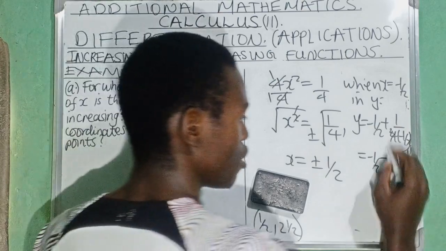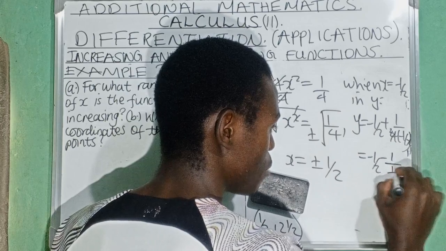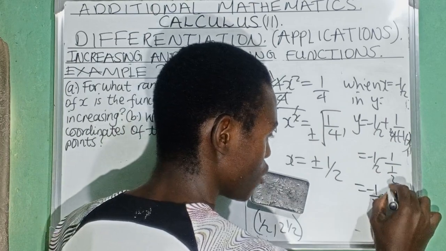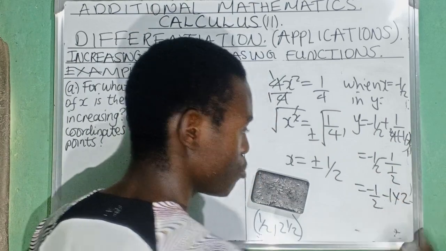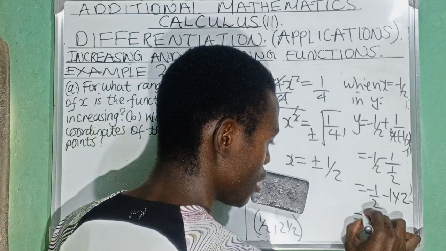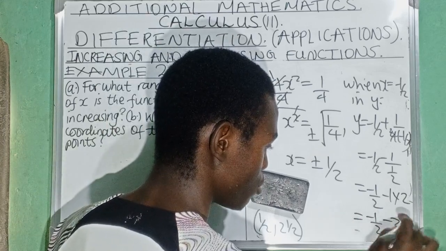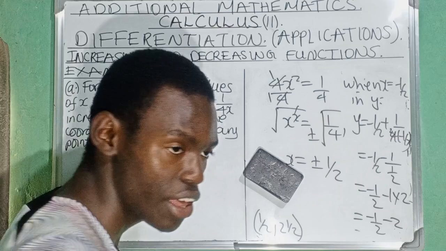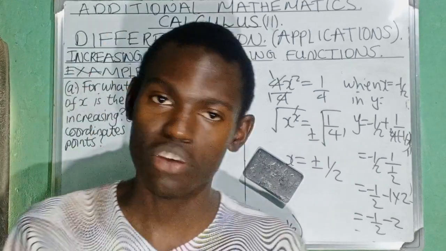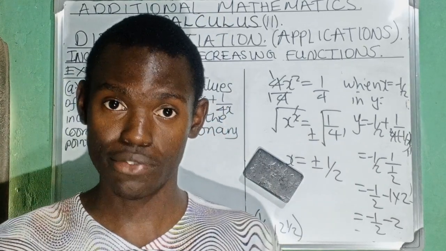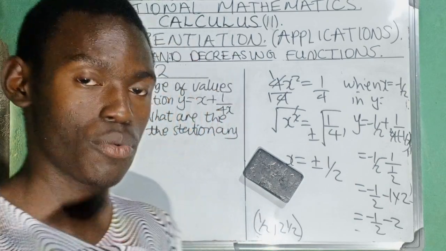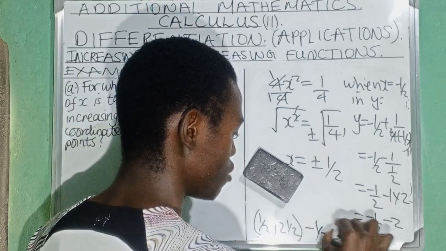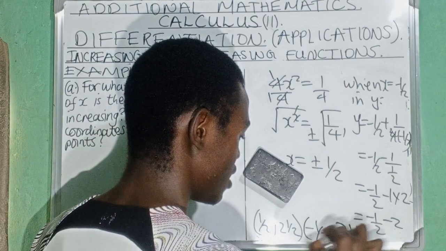Complex fraction, 1 divided by 1 over 2, so it becomes negative 1 over 2 minus 1 multiplied by 2, then negative 1 over 2 minus 2. If you simplify it nicely, you get negative 5 over 2, which is the same as writing negative 2 remainder 1 over 2.